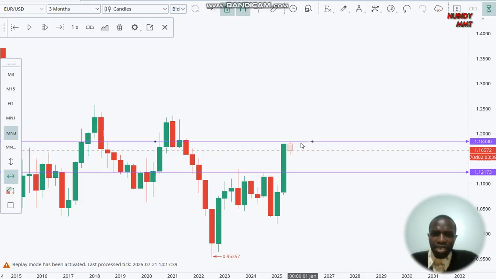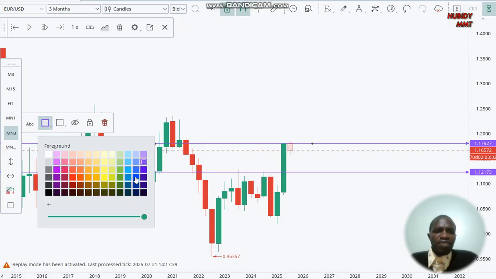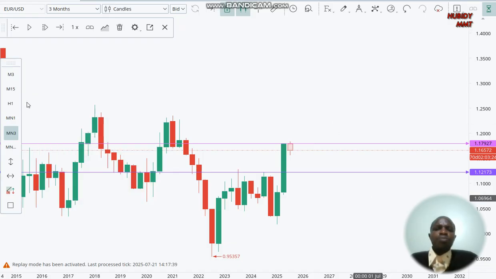So we mark this 3 month candle that gave us an expansion. Then we can give it a different color, maybe a light one. Then now we switch to our entry.